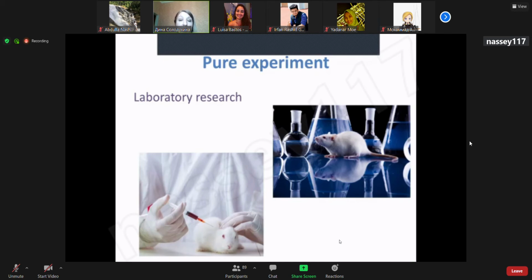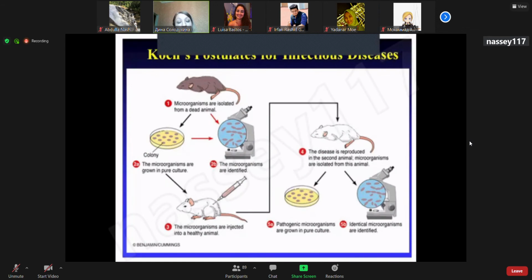If we talk about laboratory experiment, it can be obviously conducted in vivo and in vitro. If we don't have opportunity to study a disease in vivo, we will study it in vitro as well. Still, in pure experiment, the idea is to induce a disease artificially by making a kind of biological model, and we have the task to make a disease process very close to the natural one.